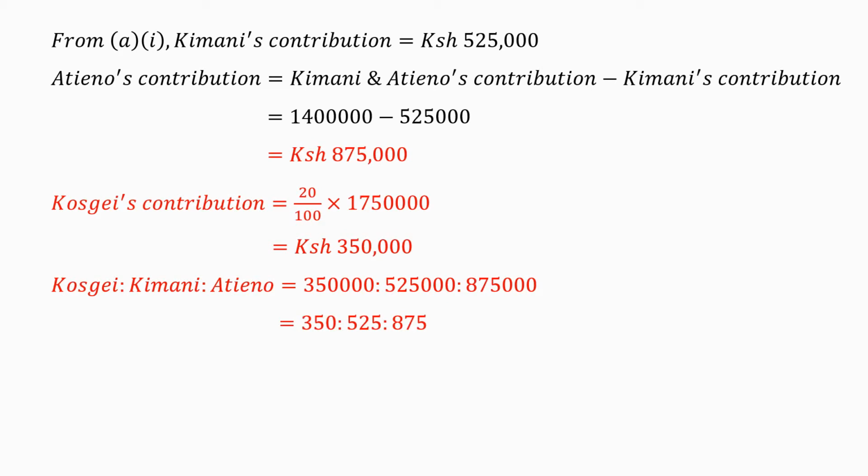If we divide by 5, we have 70, 105, 175. Divide by 5 again, we have 14, 21, 35. Then divide by 7, we are left with 2 to 3 to 5. So the ratio of contribution of Kosgei to Kimani to Atieno is 2 to 3 to 5.